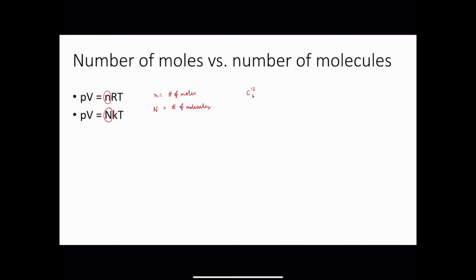And essentially what Avogadro did was he worked out that in 12 grams of carbon-12, he established how many atoms were present in that 12 grams of carbon-12.